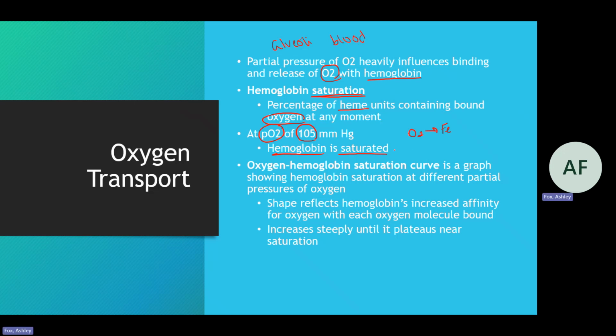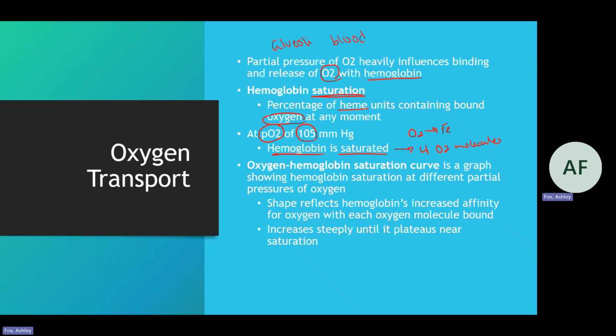So each one of the hemoglobins has 4 oxygen molecules attached to it. Why is it saturated? Well, you can't carry more than 4. There's only 4 iron atoms, so only 4 oxygen molecules can attach per hemoglobin molecule. So if there's 4 oxygen molecules per hemoglobin, no more can happen.